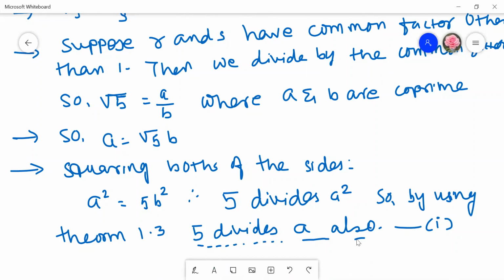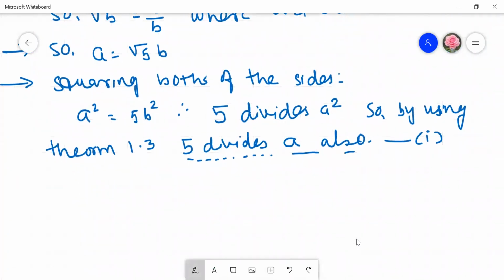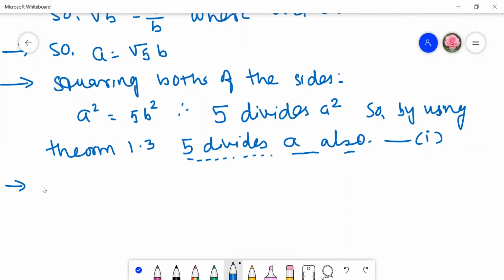Now 5 divides a also, it means what? A have factors. So one of the factors is 5 also, right? So I'm writing here a is equal to 5c. After dividing 5, we are getting other number, that is suppose c.